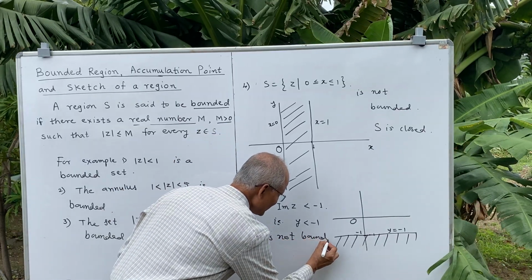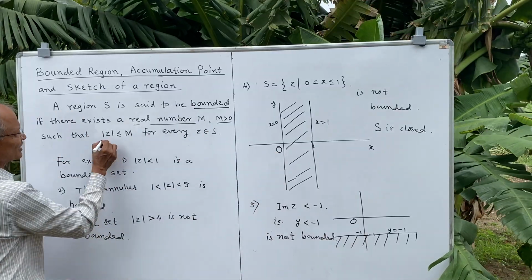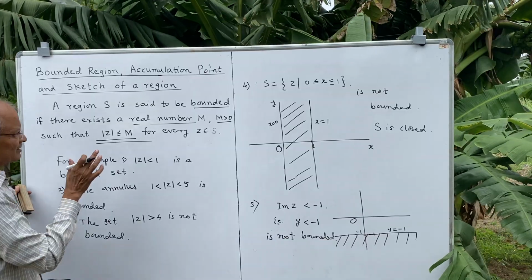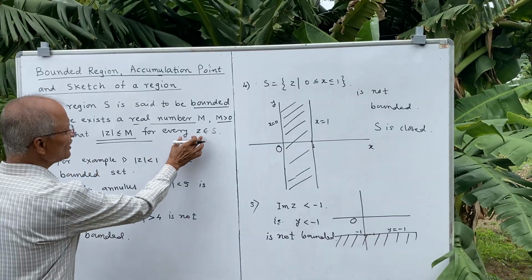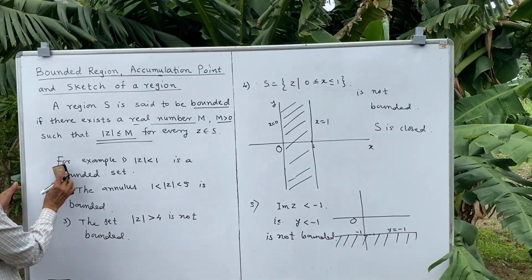So this is the meaning of a bounded set and a set that is not bounded. That means we must find M such that the absolute value of z is less than or equal to M for every z belonging to the set S. Then the set S will be a bounded set.